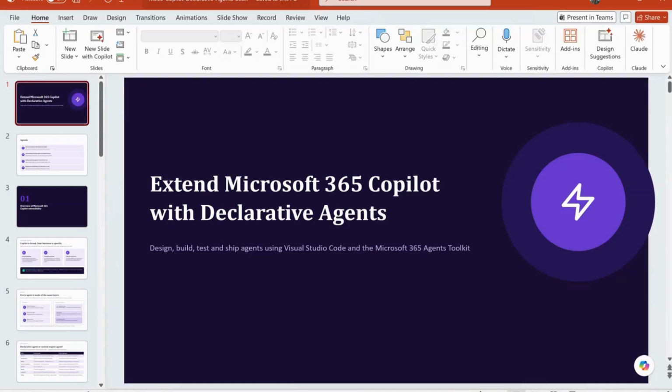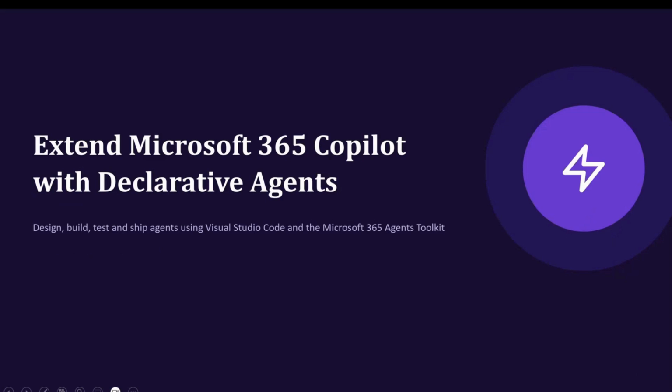But the question is how you will create an agent. What are the different options we have for creating an agent? Because we know agents are used to execute tasks, but how can I go and create one?